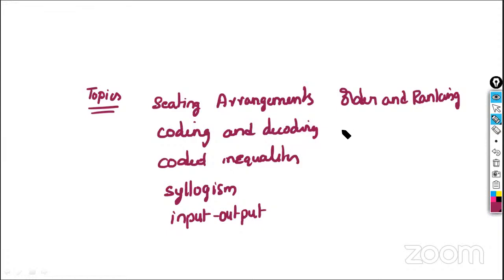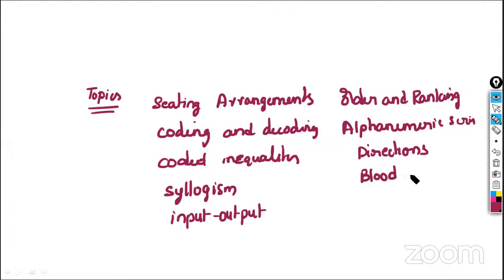So next one, alphabetical series, alphanumeric series, directions, blood relations, and verbal reasoning. Right? So another one, most important one is data sufficiency.